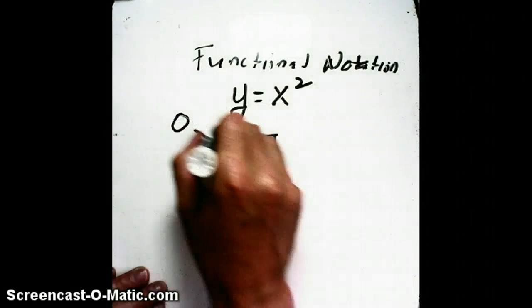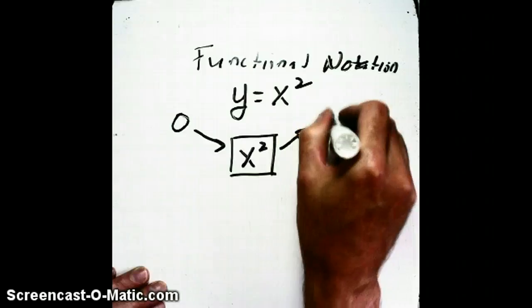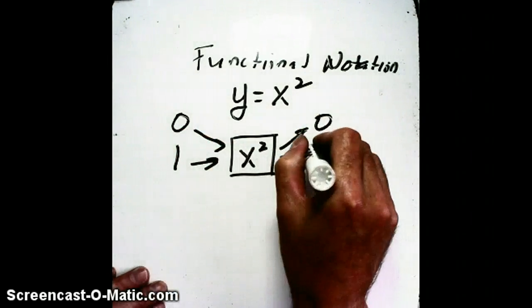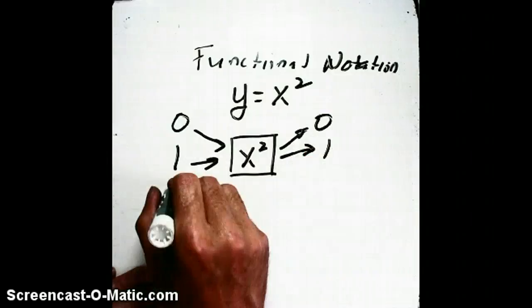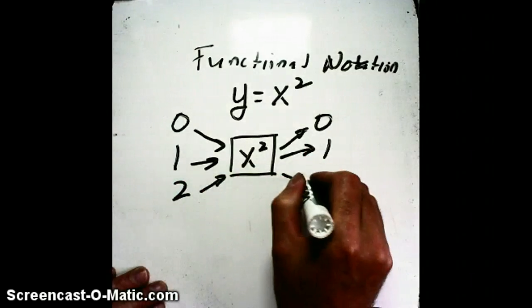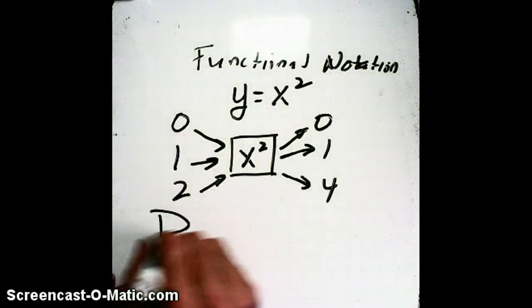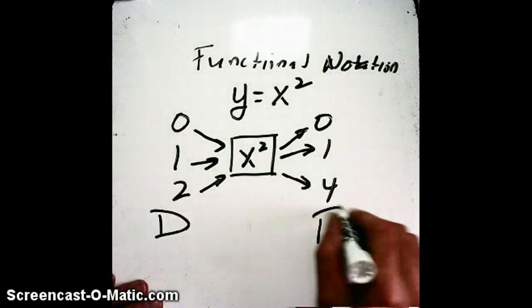If I throw a 0 in, I will get back a 0. If I throw in a 1, I will get back 1 squared, which is 1. If I throw in a 2, I will get 2 squared, which is 4. So notice there's a function to how I'm operating on those numbers. Now we call these x numbers the domain, and we call the y numbers the range.